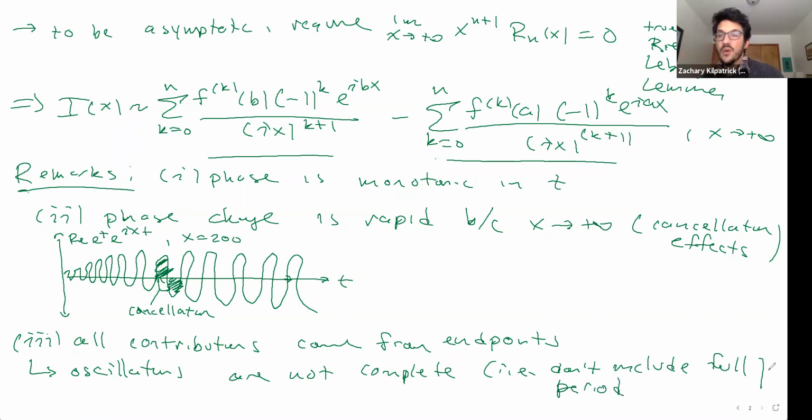Okay, so because we have a finite domain, if it's not matched to the period of this oscillation, it's going to start and stop at different effective phases. Okay, now if it is set to the same period, then these terms can end up canceling out, but typically this is not the case.